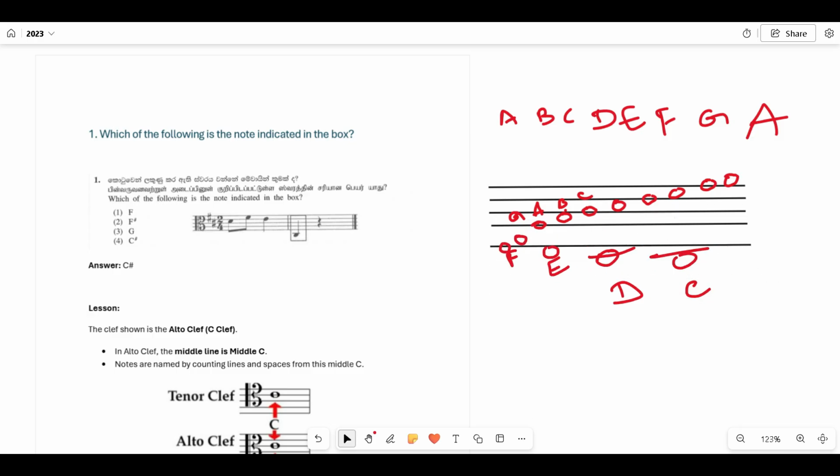Oops, sorry. This would be C sharp and this would be F sharp. So the answer is C sharp, the fourth answer. I hope you got it.